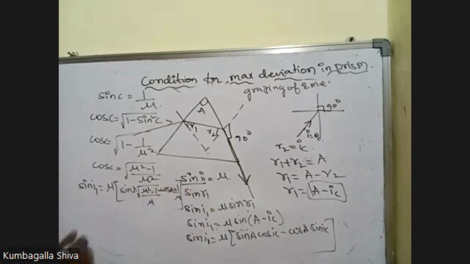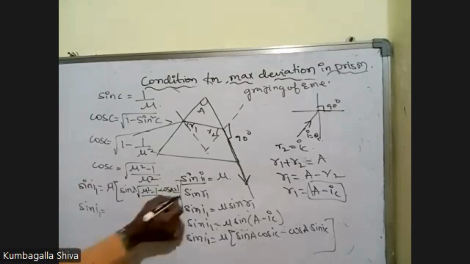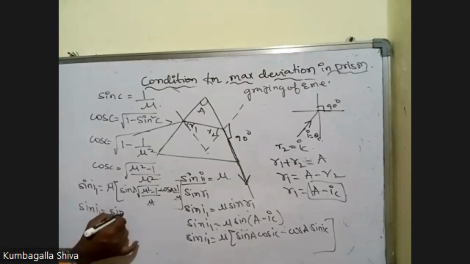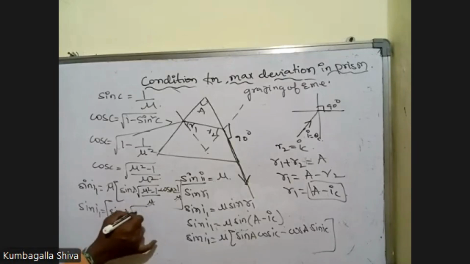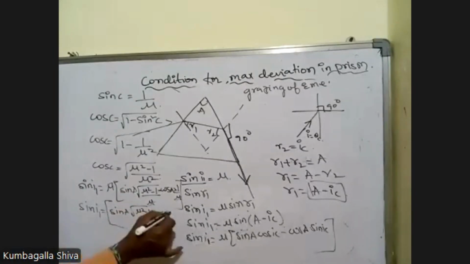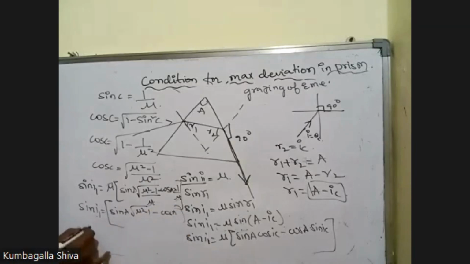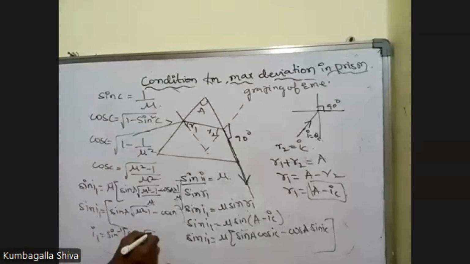So mu gets cancelled, and you have sine I1 is equal to sine A into under root of mu square minus 1, minus cos A. So I1 is equal to sine inverse of that expression. Clear?